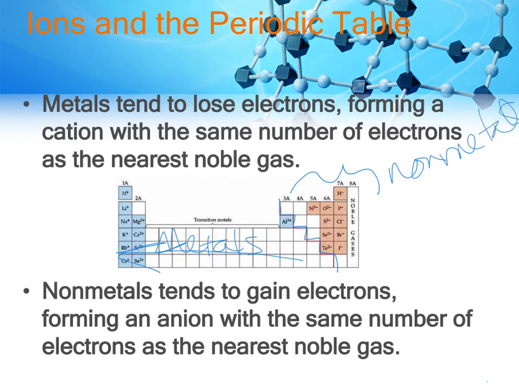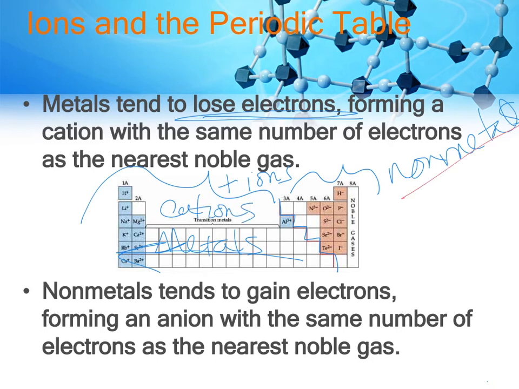Nonmetals and metals react totally differently. Metals tend to lose electrons. Remember what happens when you lose electrons? You end up with a positively charged ion. So if metals are going to make ions, they're going to make cations by losing electrons. Just the opposite for nonmetals.